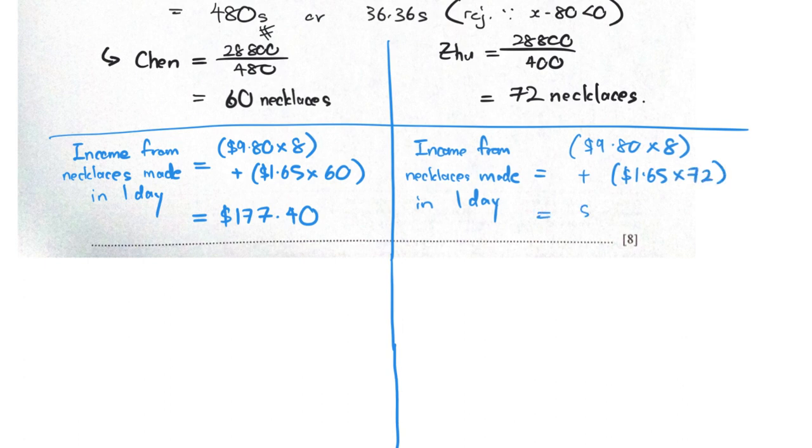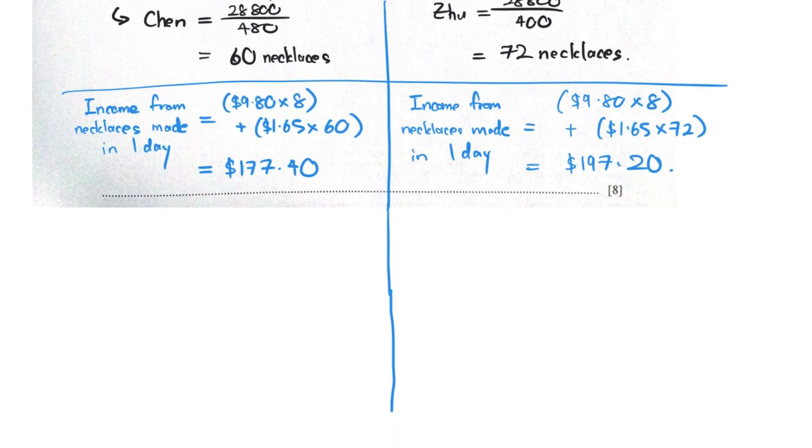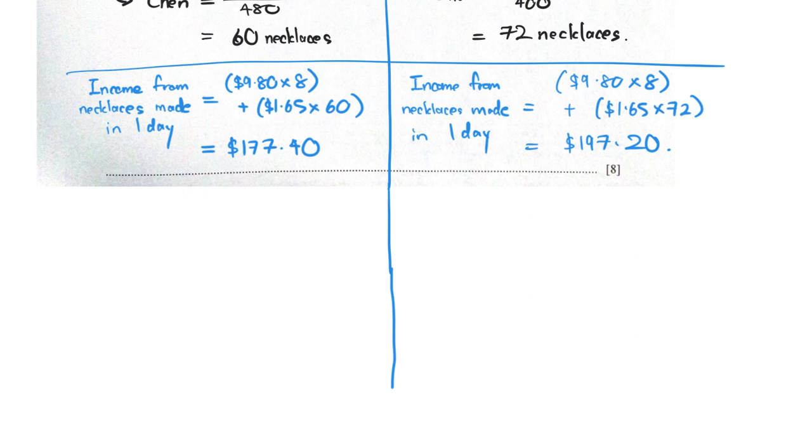In this case, we will get $197.20. So definitely Zhu is faster, definitely makes more a day. Okay, so far makes logical sense. And from here we continue.